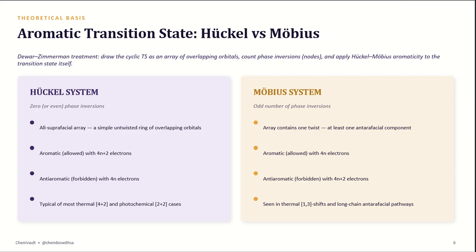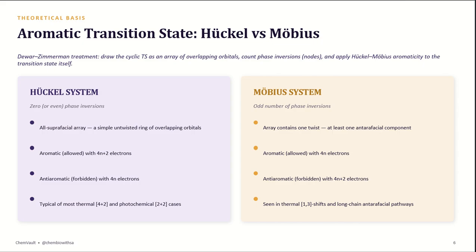A Hückel system is aromatic and therefore allowed when it has 4n plus 2 electrons, and anti-aromatic or forbidden with 4n electrons, exactly like benzene versus cyclobutadiene. But if you have an odd number of phase inversions, you have a Möbius system.